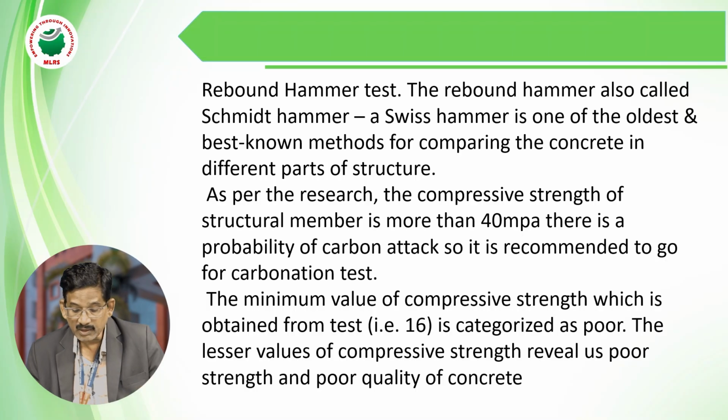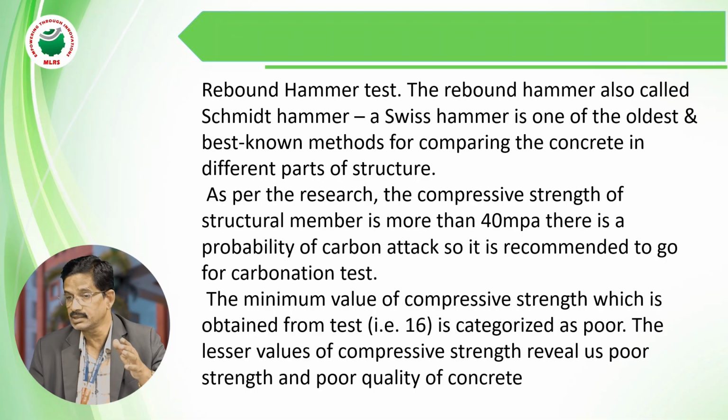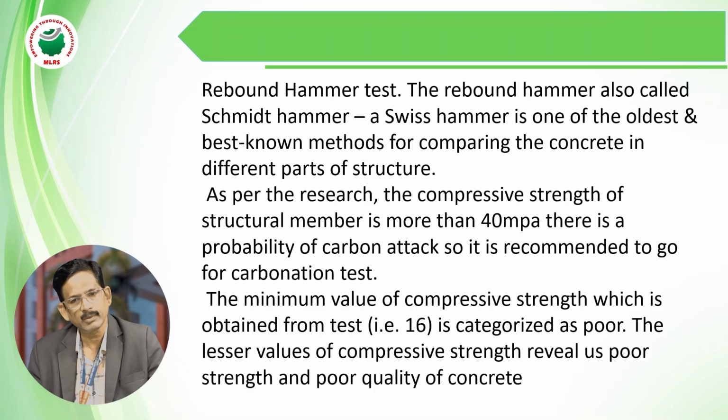The minimum value of the compressive strength obtained from the test, 16, is categorized as poor. I told you this earlier also. The original is 40 MPa, but the tested value is 16 MPa.